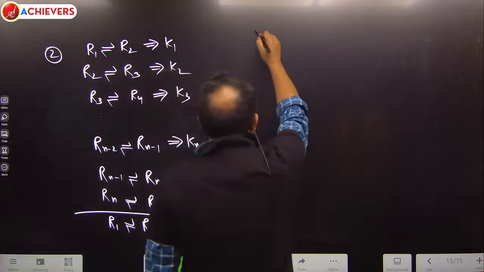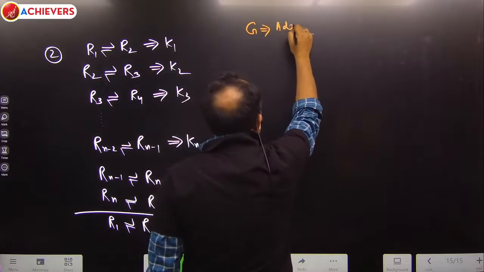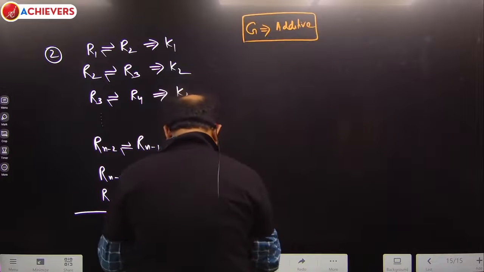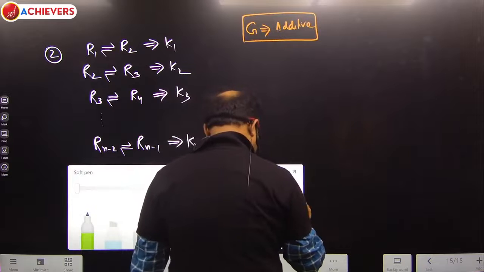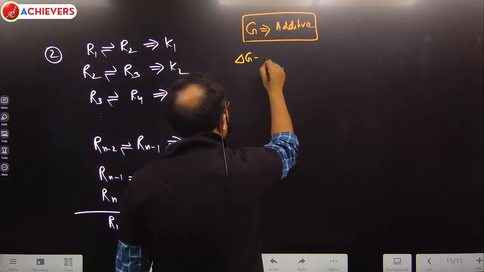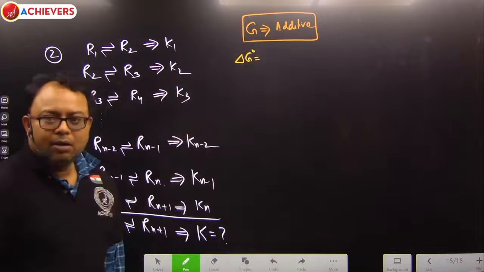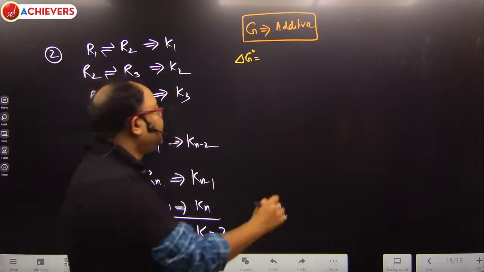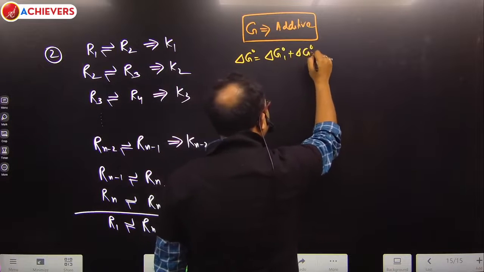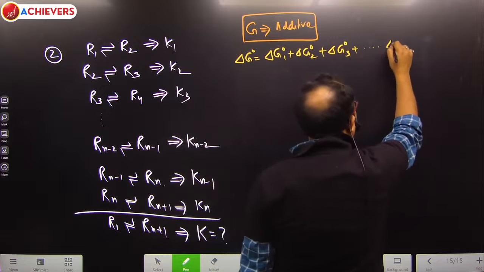Here also we will use the additive nature of G. That means we will say the overall change in Gibbs energy delta G0 at standard state should be equal to the sum of the individuals, delta G01 plus delta G02 plus delta G03 up to delta G0n.